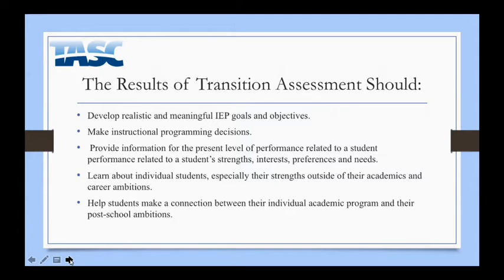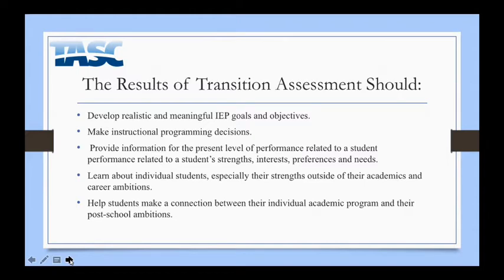No matter what type of transition assessment we use, the results need to help us develop realistic and meaningful IEP goals and objectives. The results are supposed to help us make instructional and programming decisions. They're supposed to provide information that adds to our present level of performance related to the student's strengths, interests, preference, and needs.